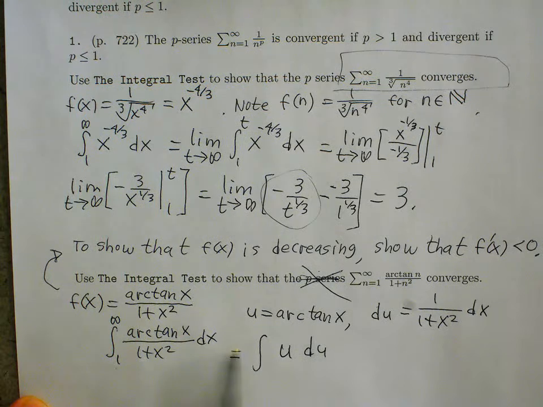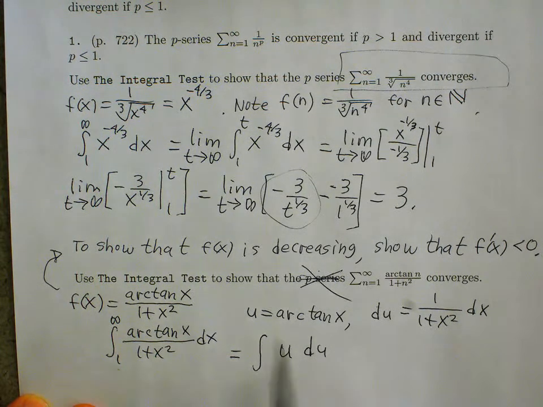Well, when x is 1, the u value is the arctangent of 1, and the arctangent of 1 is pi over 4. And then if x approaches infinity, what does arctangent of x approach? Pi over 2.